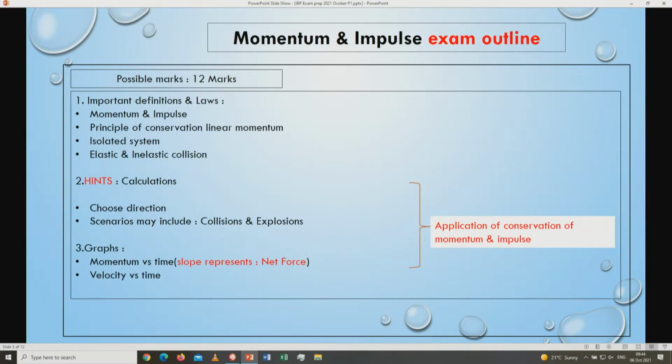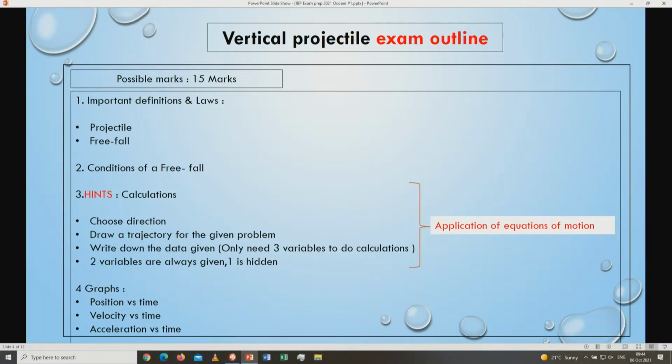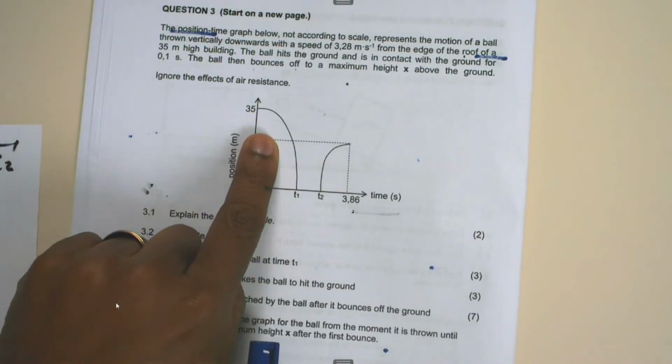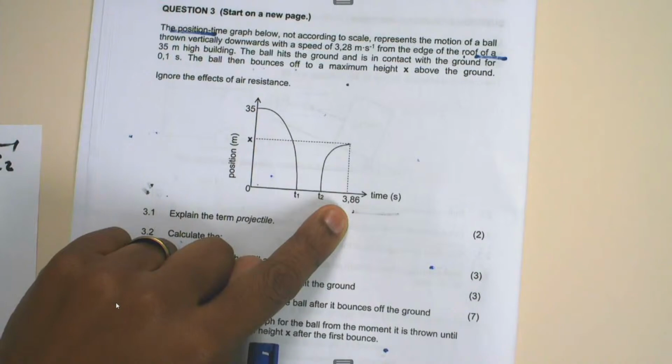Moving further on, it says at number 4, position versus time, velocity versus time, acceleration versus time. The first graph that was given to us, this graph here, is position versus time.